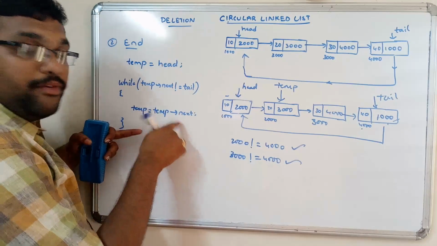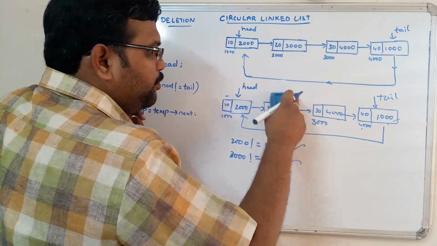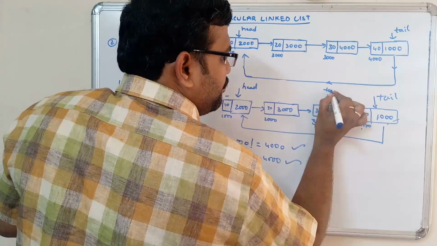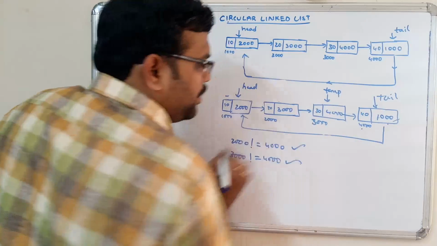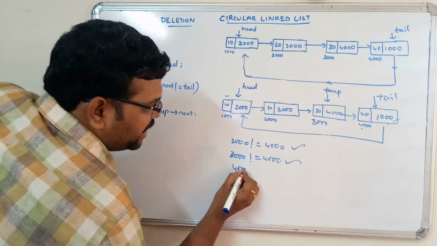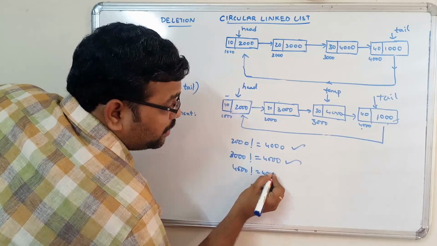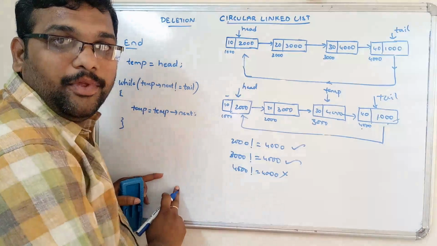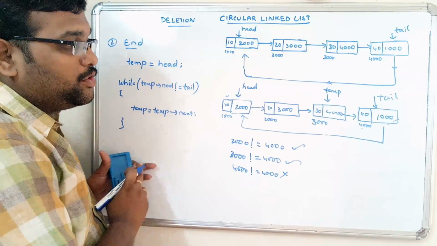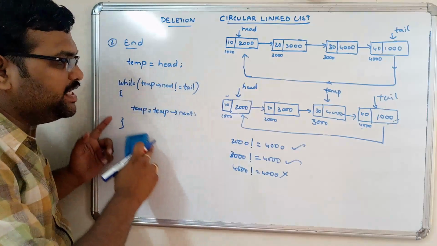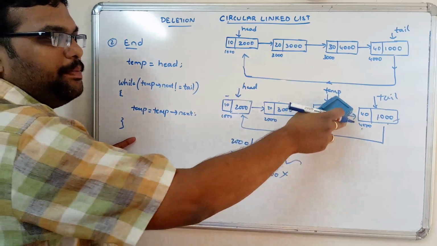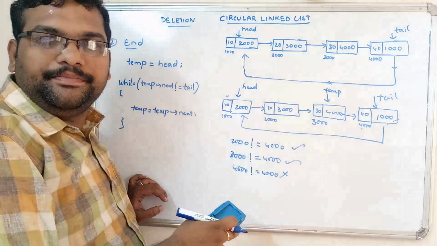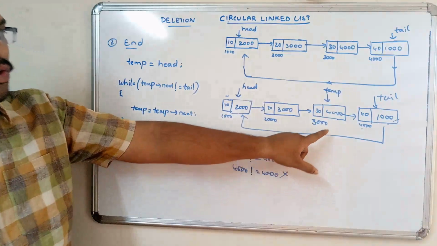Temp is equal to temp of next. The temp will be moved from here to here. Next, 4000 not equal to 4000. False. So it comes out from the loop. After completion of these iterations, the temp is pointing towards the last but one element. Okay, so hope you understood this one.